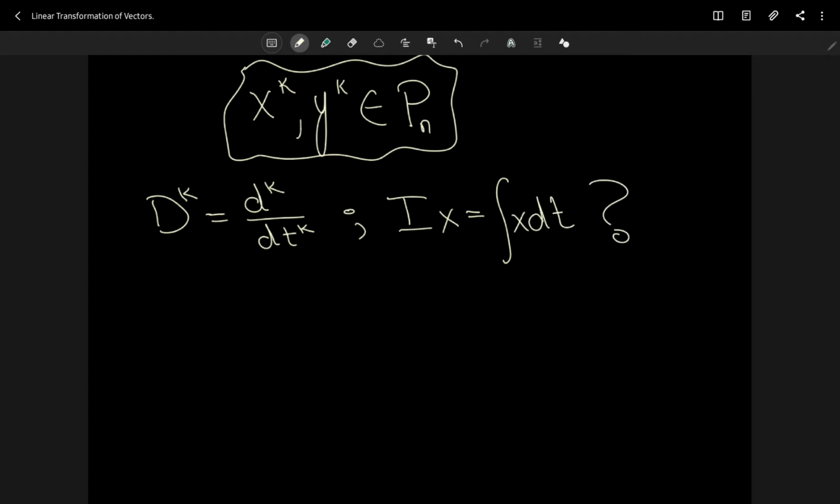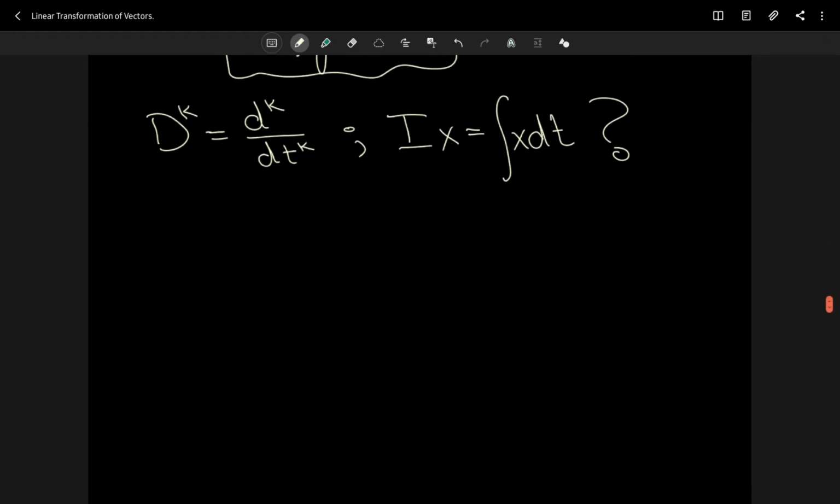Is this thing possible? Well, it actually is not possible. It does not work. And the simplest reason for this is that for some P_n, I have this, say I take this integration and I apply it on some power t^n, right? What does that do?